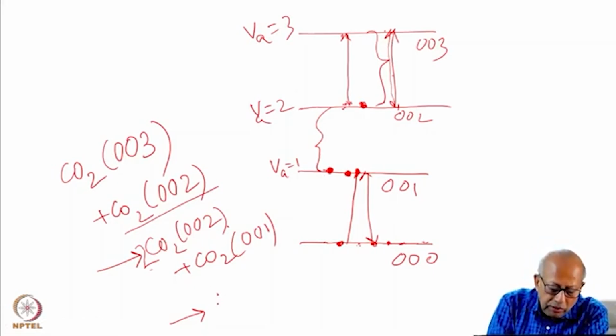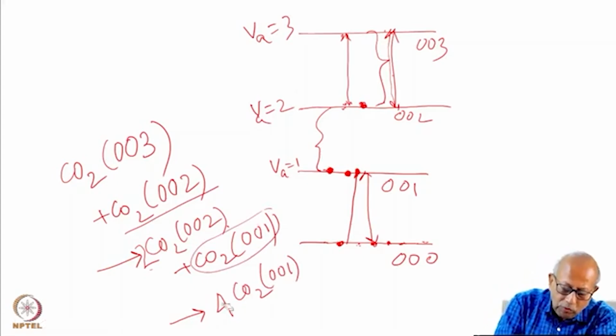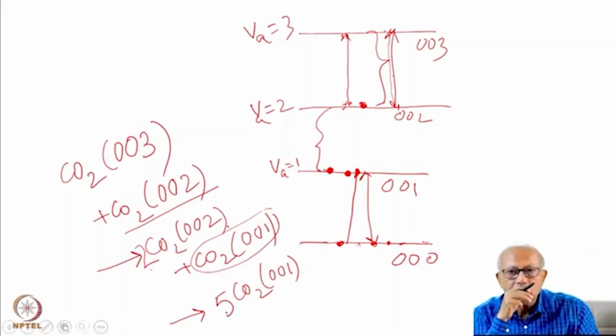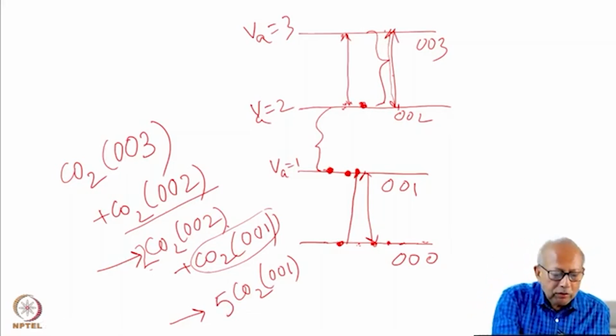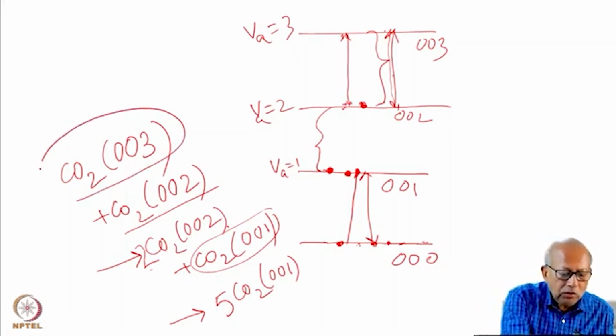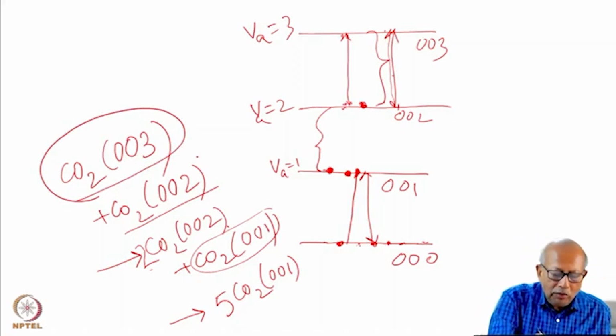So then you will have four molecules of carbon dioxide in 0, 0, 1 state, and already you have one molecule of carbon dioxide in 0, 0, 1 state. So you will have in total 5 CO2 molecules in 0, 0, 1 state. So you began with one molecule in the 0, 0, 3 state and one molecule in the 0, 0, 2 state.